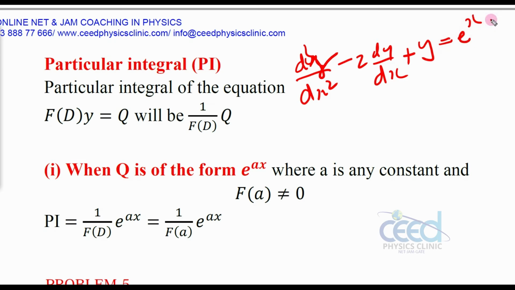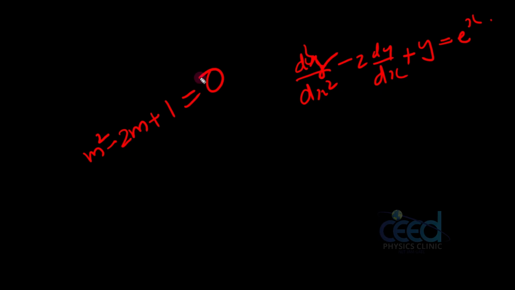First of all I can solve the auxiliary equation, that is m square minus 2m plus 1 is equal to 0. When I solve this, I get m minus 1 the whole square is equal to 0.